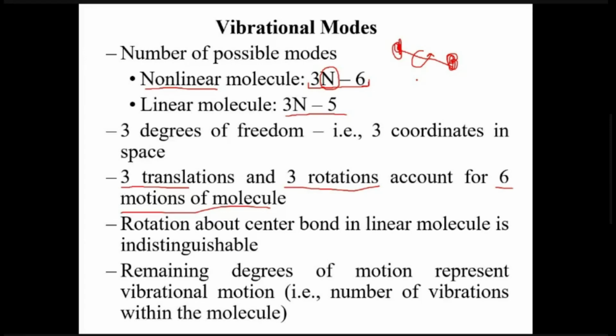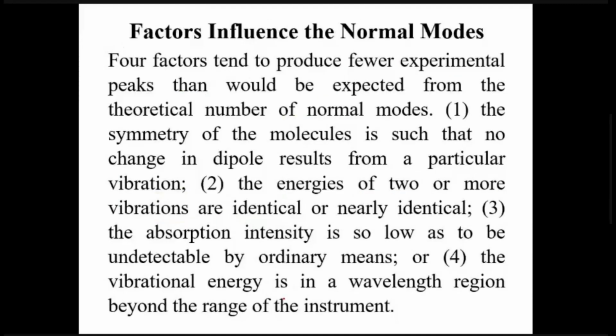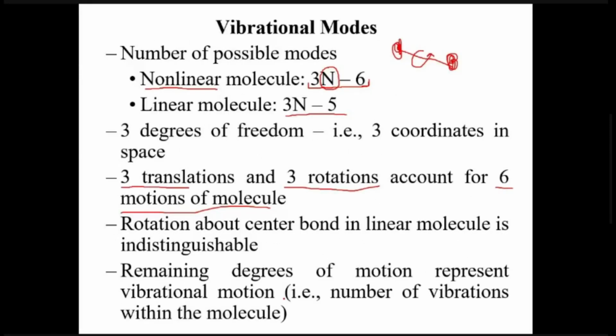It cannot be distinguished. The remaining degrees of motion represent vibrational motion that we have studied, the number of vibrations within the molecule. For non-linear it is 3n minus 6, and for linear it is 3n minus 5.